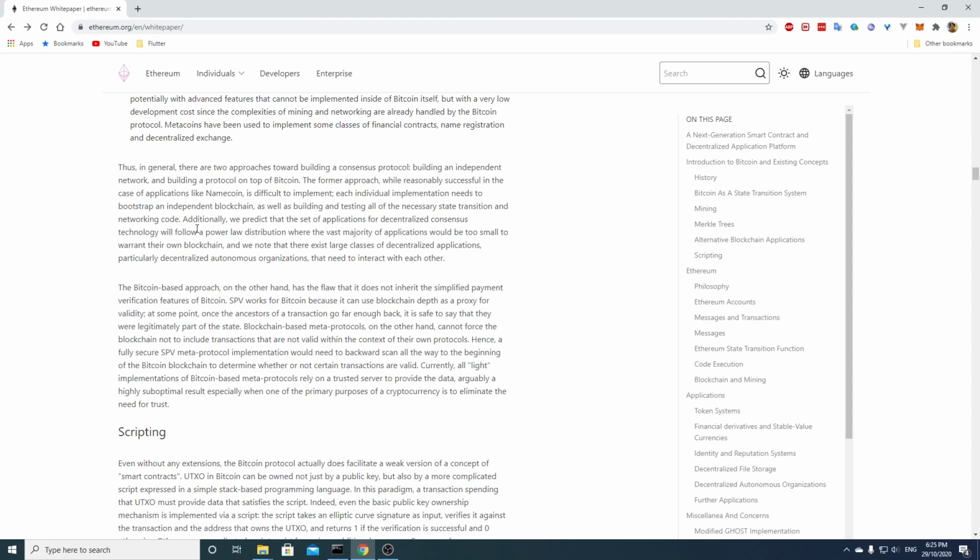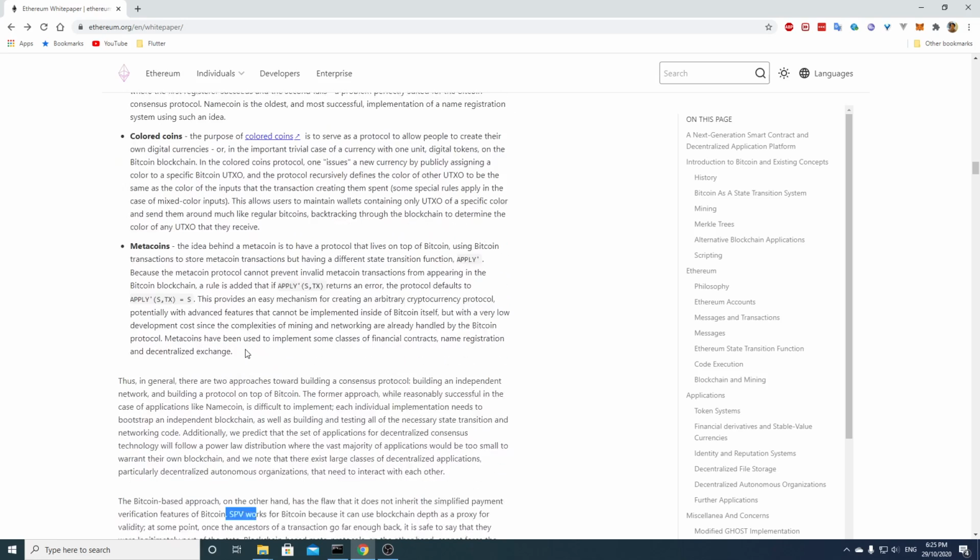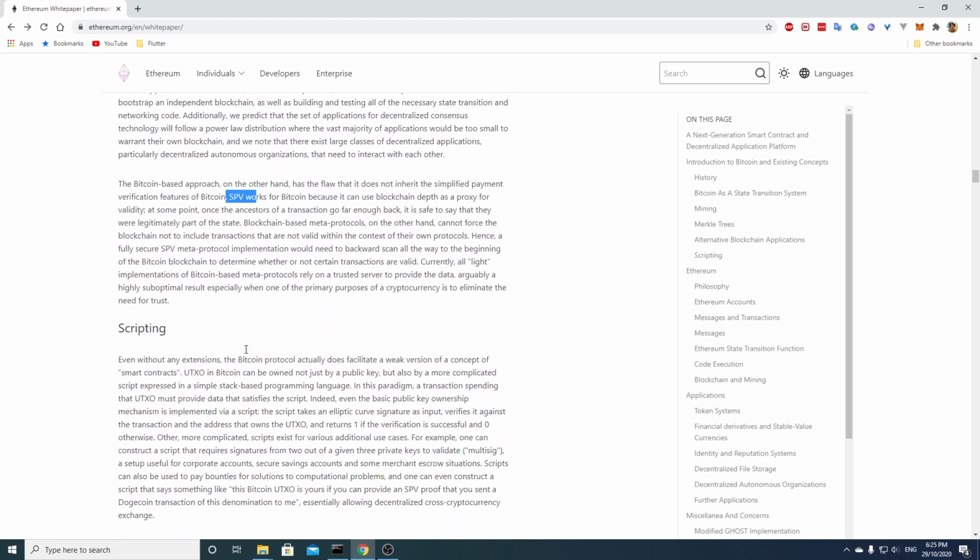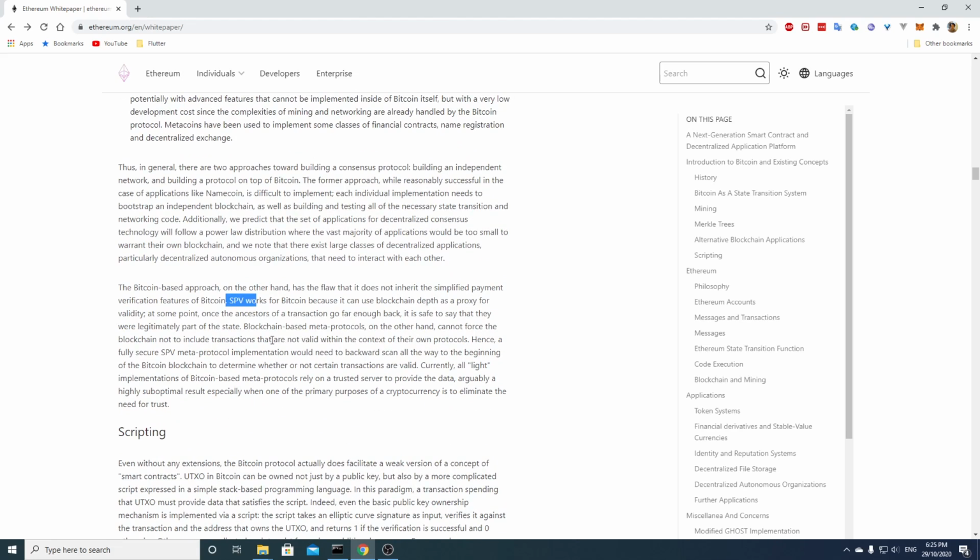Okay, so you have this SPV thing, right? SPV gives you the ability to request specific transactions. If the transaction is very old, so when it has enough blocks afterwards, the number of blocks after your transaction is called the number of confirmations that you have.